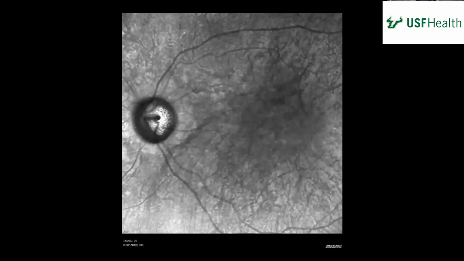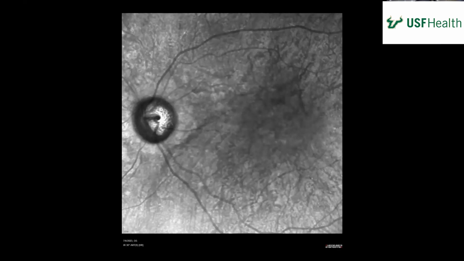Attention is drawn to the nerve. There's a large area of hypofluorescence, and hyperreflection in the nerve. You can say it looks like a really deep cup, actually the lamina cribrosa.